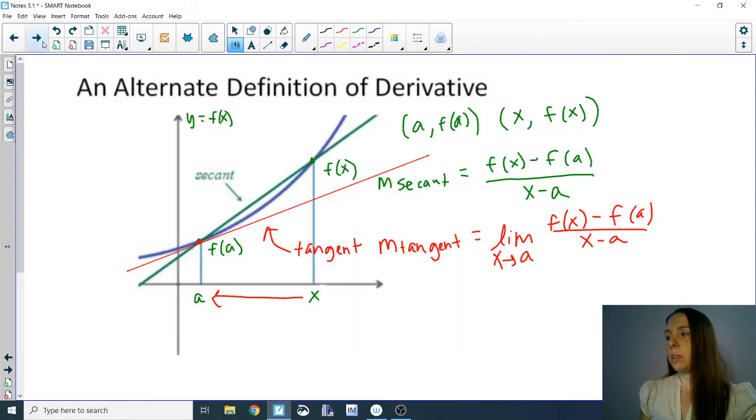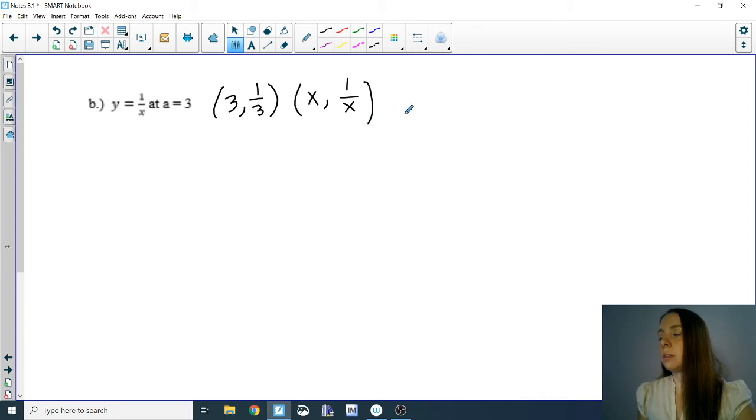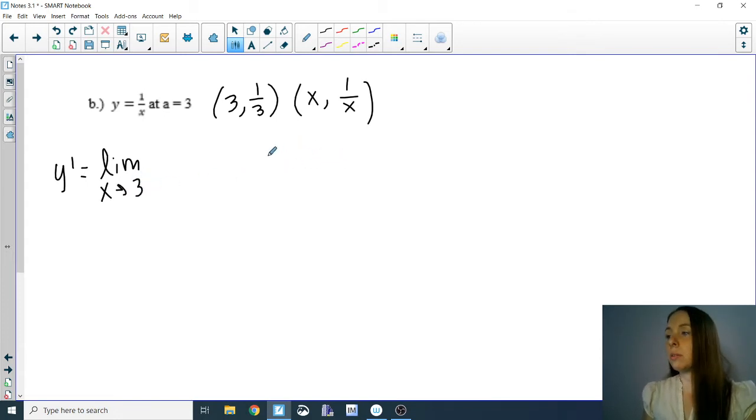Now let's do it again with the alternate definition. So I'm going to set up the first ordered pair as 3, 1/3 again. The second ordered pair, remember, this is like kind of easy, right? It's just x, 1/x. No h here with the alternate definition. Then my derivative will come from, let's just put that limit there at the beginning, the limit as x approaches 3, because I'm using the alternate, that is the limit I would set up, of y2 minus y1 over x2 minus x1.